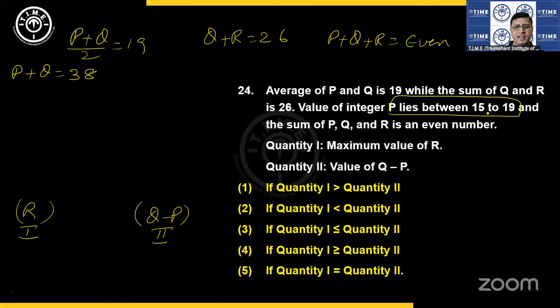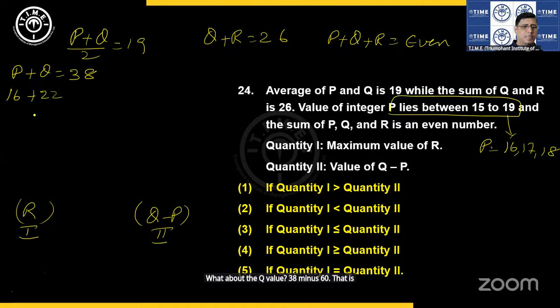These are the values possible for P. When the value of P is equal to 16, what about the Q value? 38 minus 16, that is 22. When it is 17, Q is 21. What about 18? It is 20.